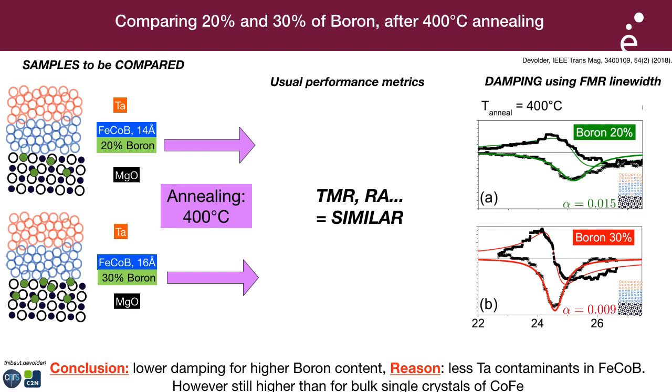And this is just indicative that the damping parameter is better, and most probably because there are less tantalum contaminants inside the stack. So although engineering the boron content allows us to reduce the damping parameter, it's still higher than the value that was obtained for cobalt iron.